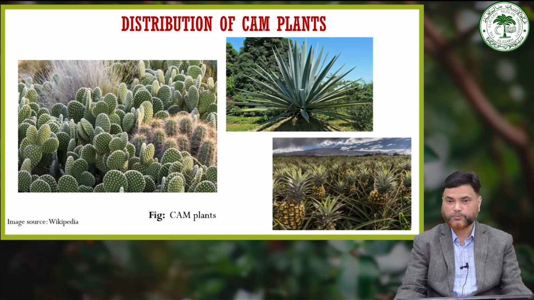This is a little bit bizarre, but you see that certain aquatic plants also possess the CAM pathway. Certain CAM plants like cacti are considered obligatory CAM users, while other succulents show a facultative CAM strategy. So one is obligatory CAM users, another one is facultative CAM users.